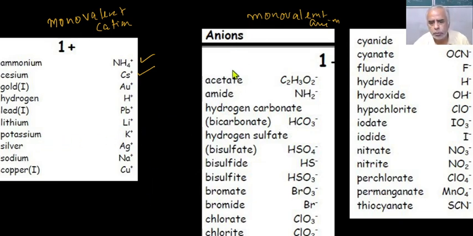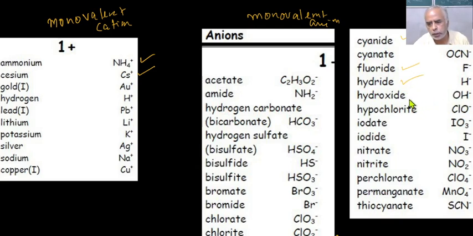Similarly, we have anions. It can either be a monovalent single atomic anion like a chloride ion, bromide ion, cyanide ion. In fact, cyanide ion consists of two elements, and fluoride, single element, hydride, single element.